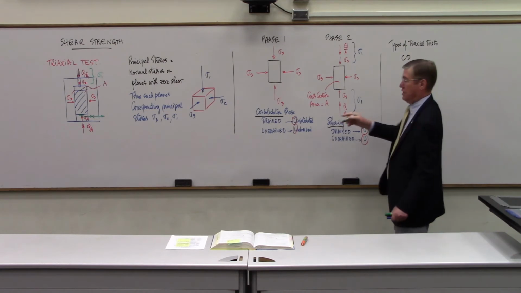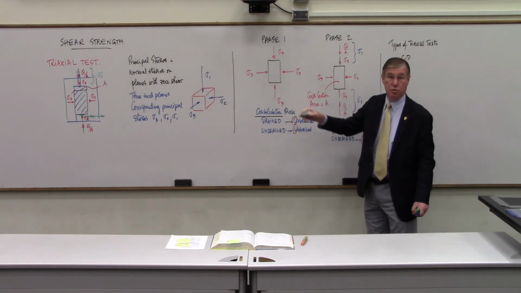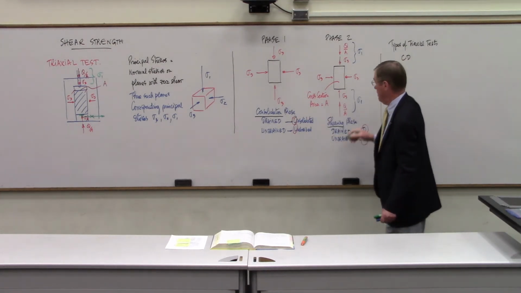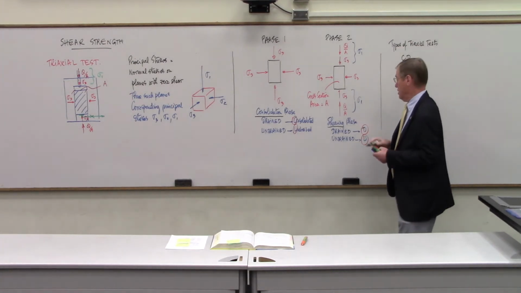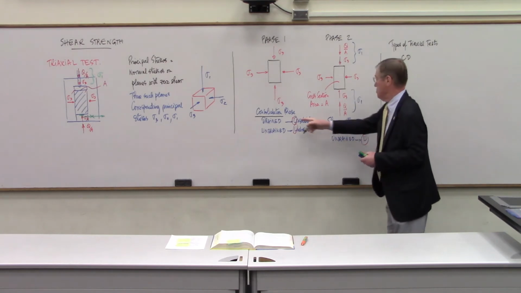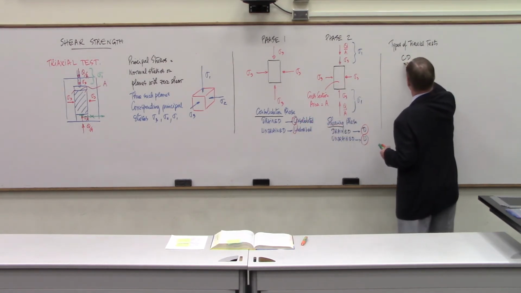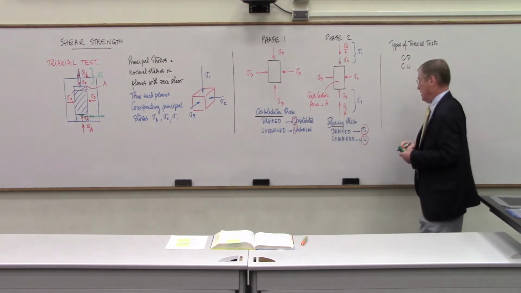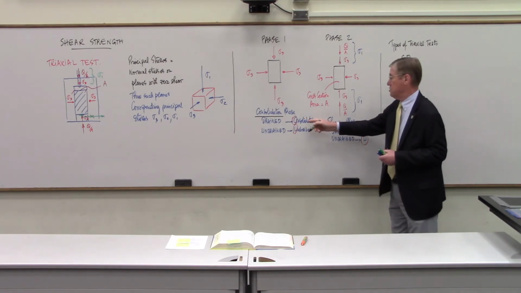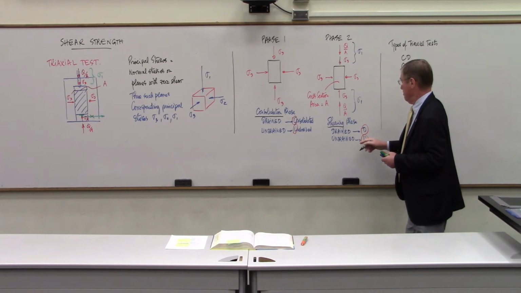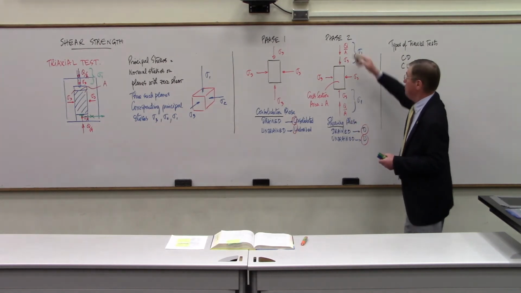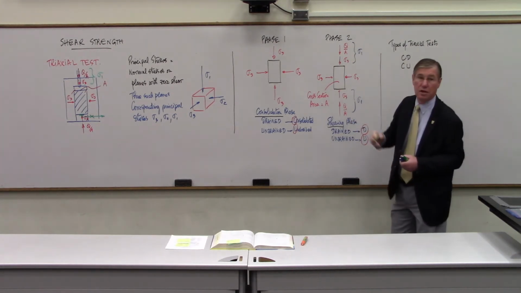So that means that the green line over there is open during the consolidation phase, remains open during the shearing phase, the water can drain out. We can do a CU test. That means that we consolidate the sample during the sigma 3 phase, but then we close the valve before we start increasing the load Q.